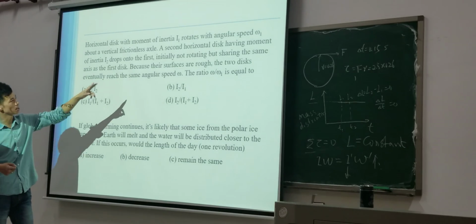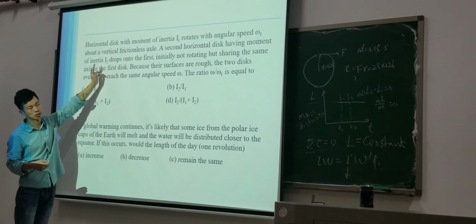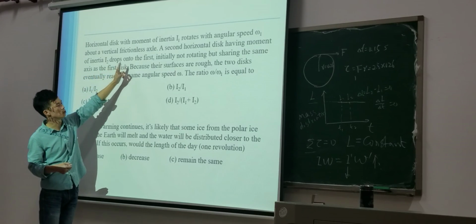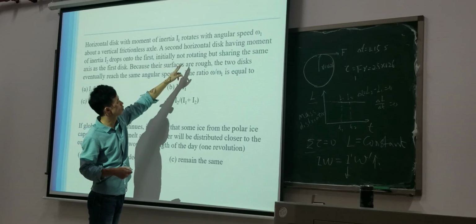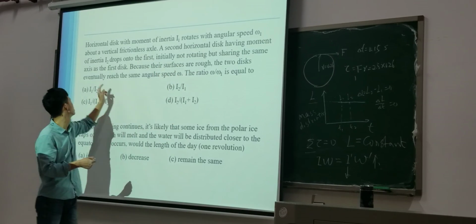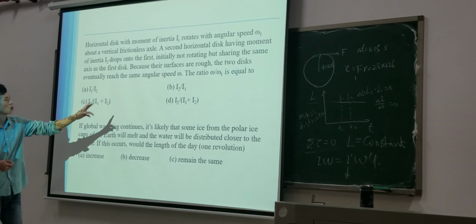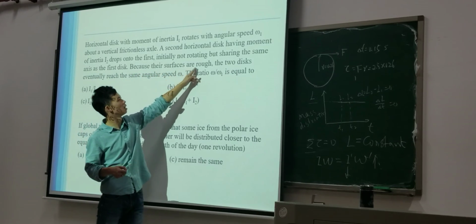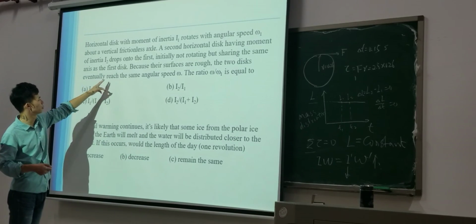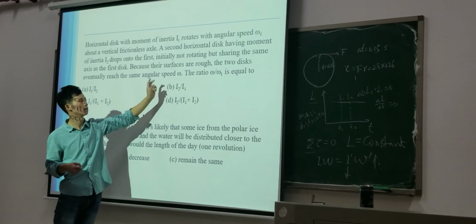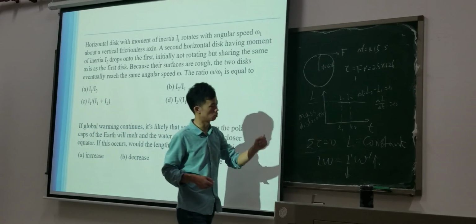A second horizontal disc having moment of inertia I2 and initially not rotating drops onto the first one, sharing the same axis as the first disc. Because their surfaces are rough, the two discs eventually reach the same angular speed omega. So what is the ratio omega over omega 1?